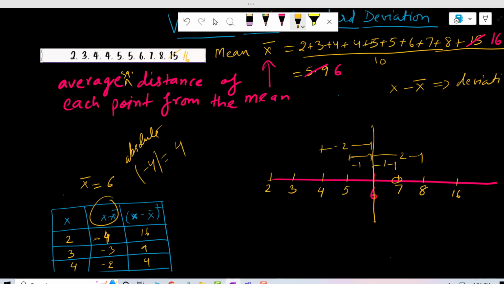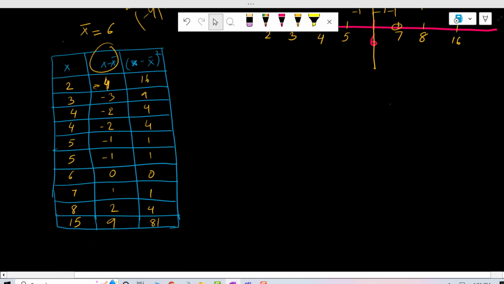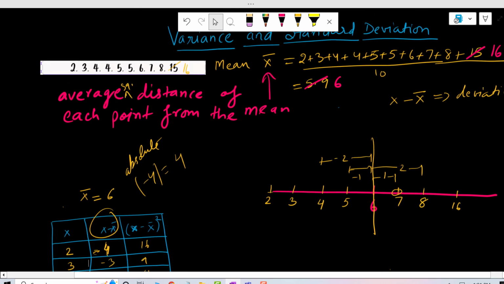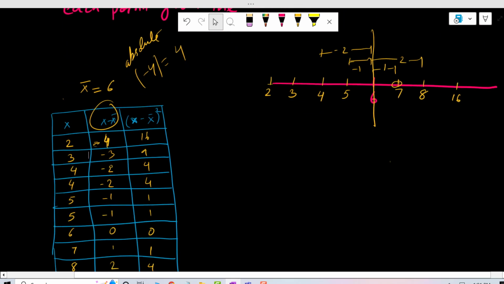Because of the advantages squared values have for certain reasons, which we will look at when we come across future videos during regression analysis. Let's just focus over here that x minus x bar whole square is getting rid of the signs of the magnitude. So we have x minus x bar whole square, and our distance is the average square distance of each point from the mean.